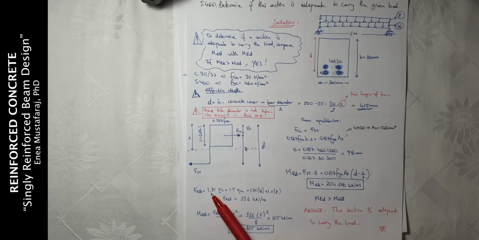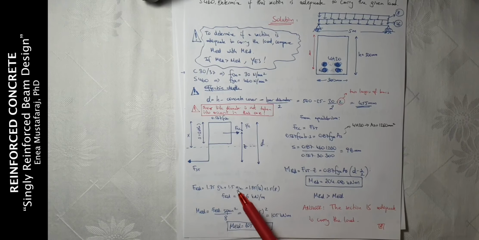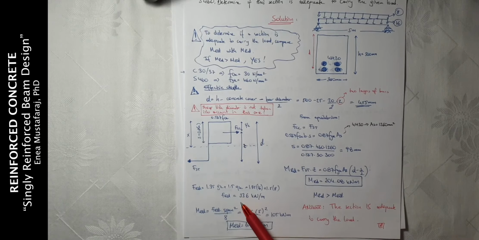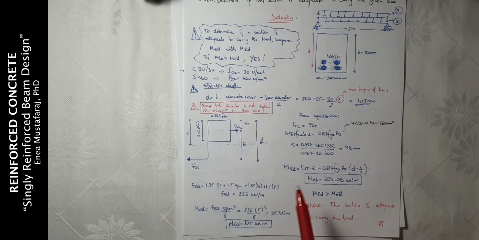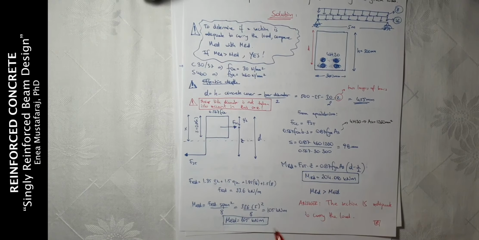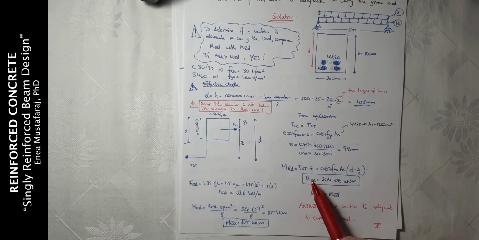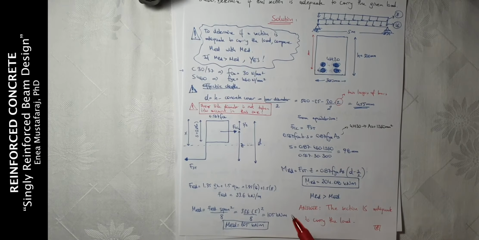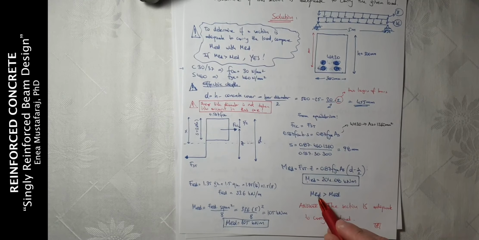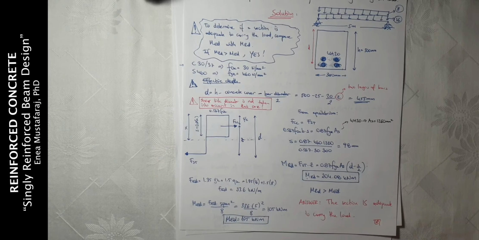Design load will be calculated by using the coefficients 1.35 dead load plus 1.5 live load, and we are going to have 33.6 kilonewton meter, and the overall design moment will be 105 kilonewton meter. Then we can compare moment MRD, which was 204, and MED 105. So MRD is bigger, and we can say that the section is adequate to carry the load.